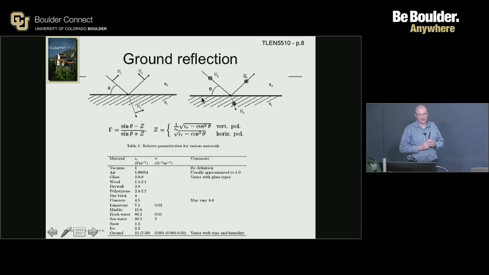Well, it depends on the polarization of the wave. I'm sure it's nothing new here, but there is a boundary value problem here, and you can assume that the ground is perfectly conducting. You can assume a number of things, and for now, let's assume that it's perfectly conducting.